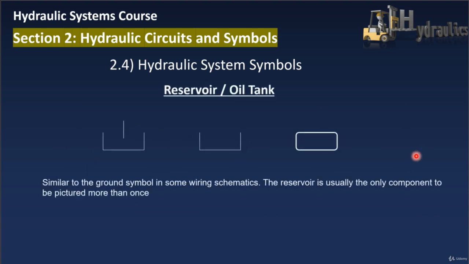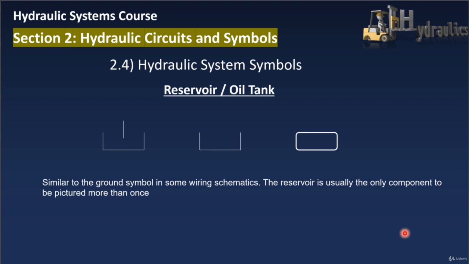The reservoir or oil tank is pictured as either an open square, which means it is a vented reservoir, or a closed reservoir, meaning that it is a pressurized reservoir. We'll come to know each type in detail in coming lectures. Every system reservoir has at least two lines connecting to it, and some may have many more connections. Often the components that are connected to it or to the filter are spread all over the schematic.